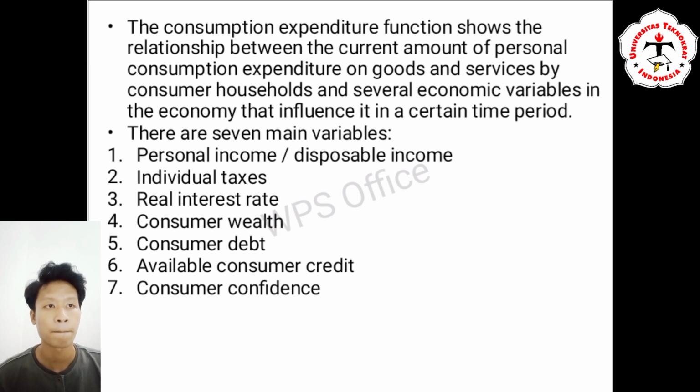Number 1, personal income or disposable income. Number 2, individual taxes. Number 3, real interest rate. Number 4, consumer wealth. Number 5, consumer debt. Number 6, available consumer credit. Number 7, consumer confidence.